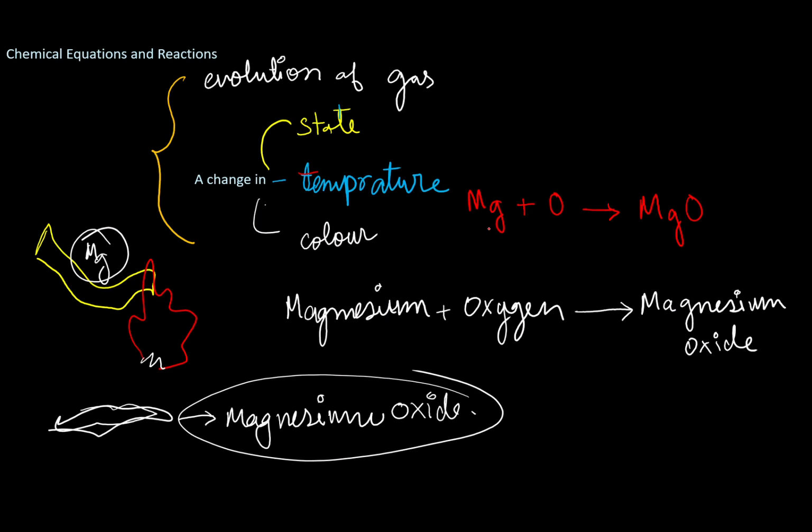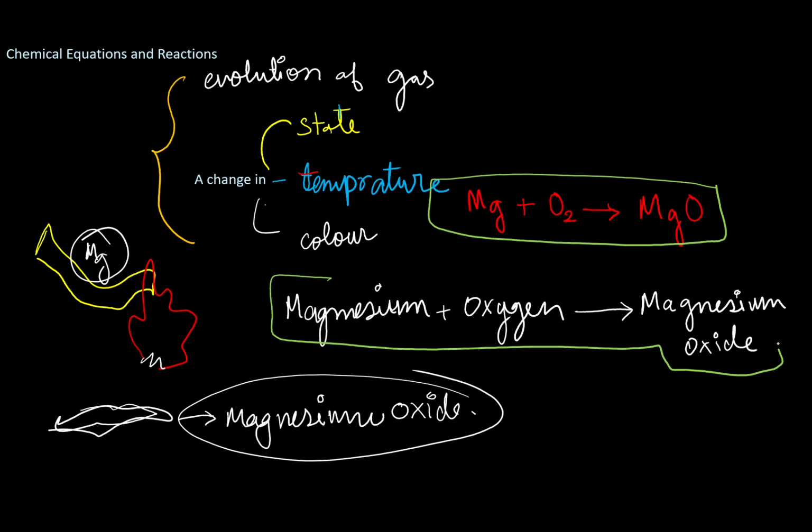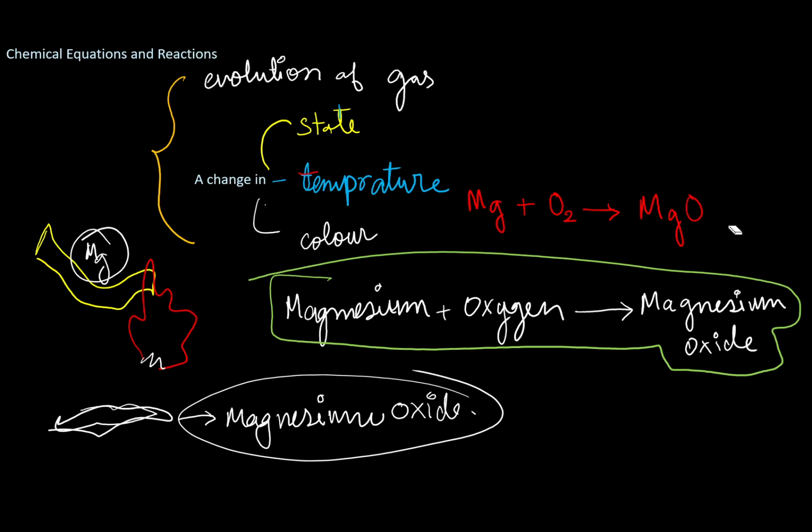Oxygen is denoted with O2, but magnesium oxide is denoted with only a single O and not two. What we got is way better than writing all this, right? So that's why we usually prefer to write it in shorter forms.